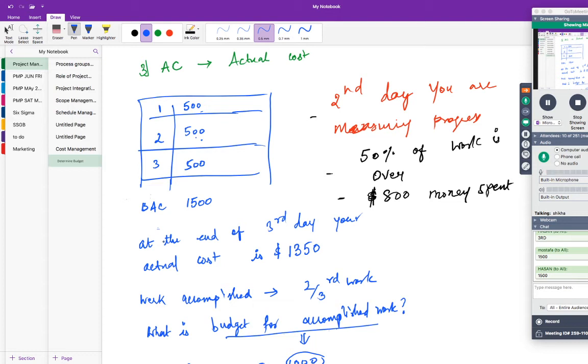So it is 1,500. Now tell me, this 1,500 is budgeted cost for the work scheduled or budgeted cost for the work performed? Is it BCWS or BCWP? What is this 1,500?